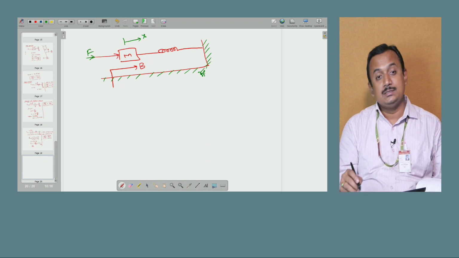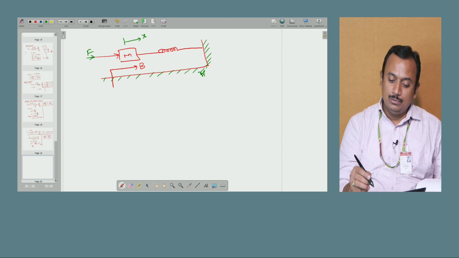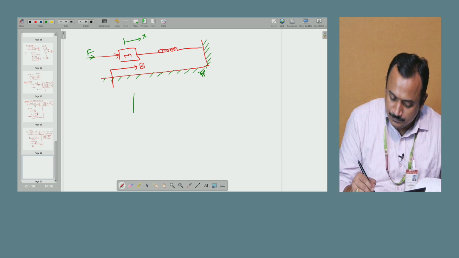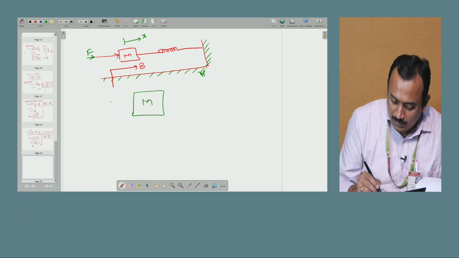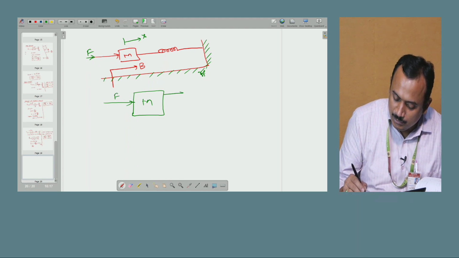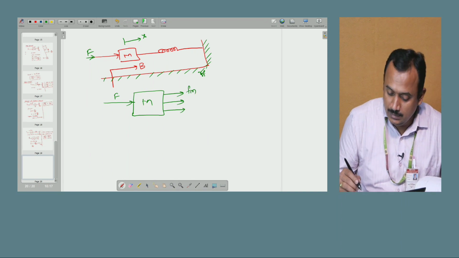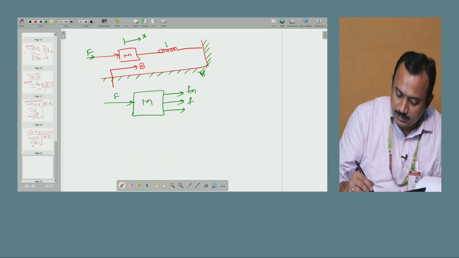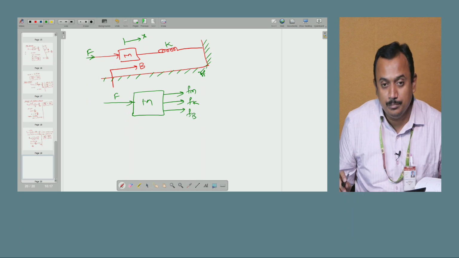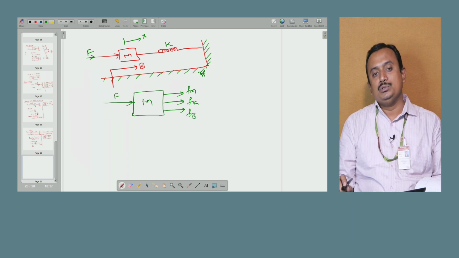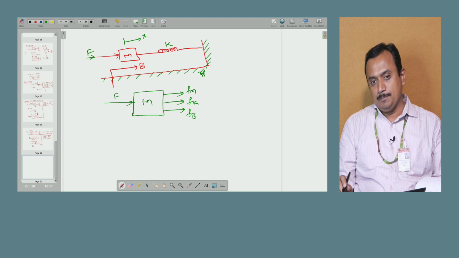Now in this system also we have only one mass element, that is m, and what are all the applying forces? First we will write the applying force, that is F. And what are all the opposing forces? So there are three elements. One opposing force is due to the mass of the element, Fm, the second one is due to this k, spring constant Fk, and the next one is Fb, that is the opposing force due to the dashpot.